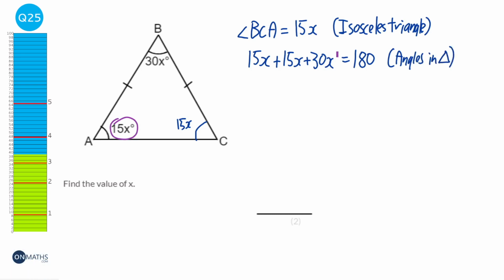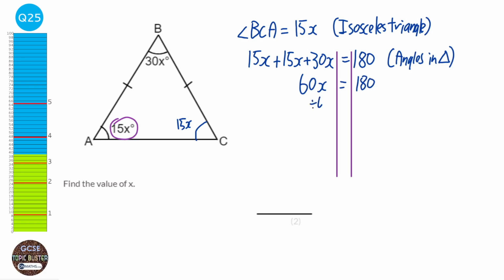Get my tram lines in. 15 plus 15 is 30, 30 plus 30 is 60, so it's going to be 60x equals 180. Then we're going to divide both sides by 60, and we have x equals 3. So the answer will be 3.